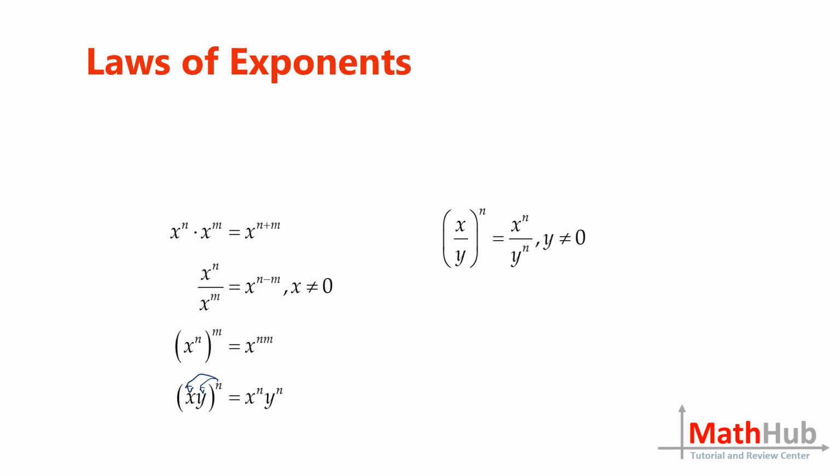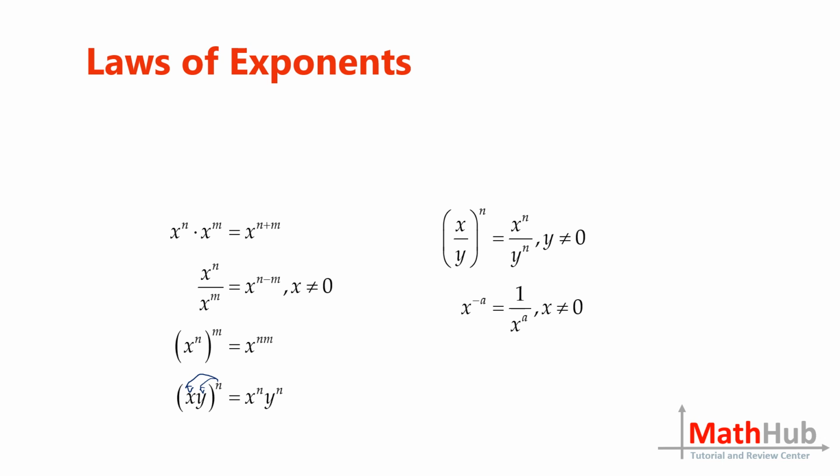Okay, you can also do that if you have division inside your parenthesis. So you can also distribute your exponents. So remember that you can only distribute the exponents if the operations inside your parentheses are multiplication and division only.